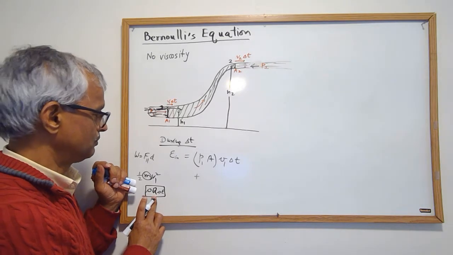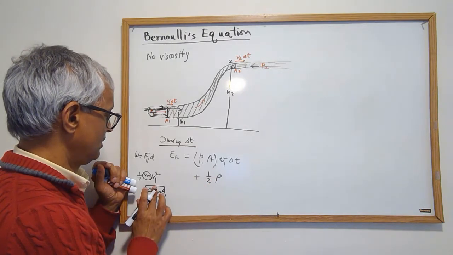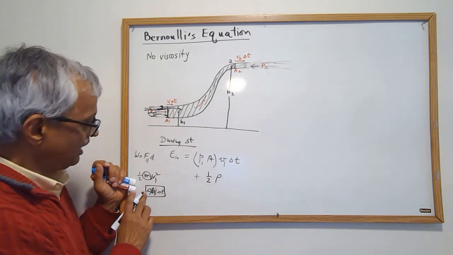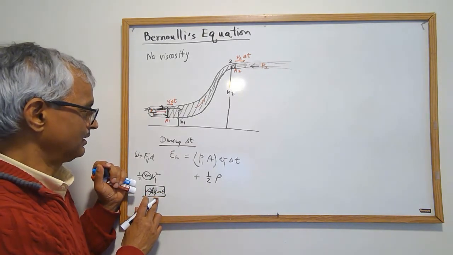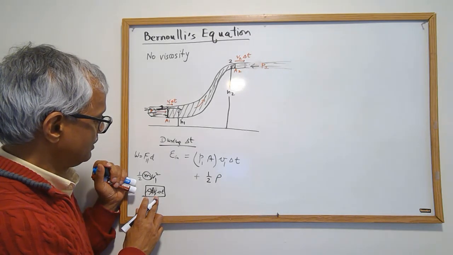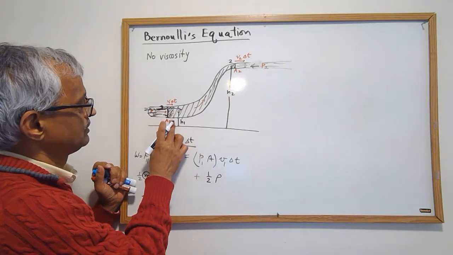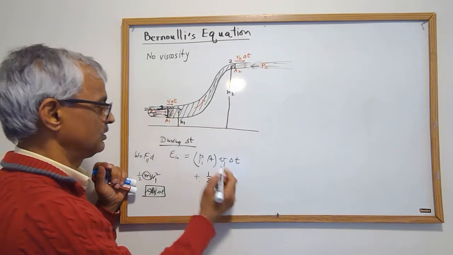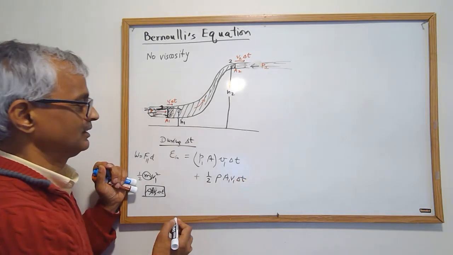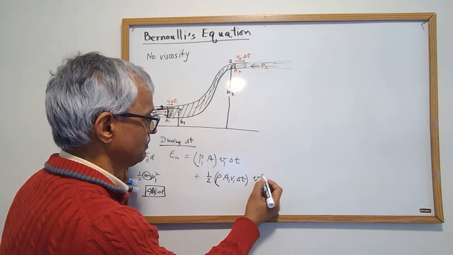So we will have half rho times A1 times V1 times delta T, that mass of fluid in this volume coming in, times V1 squared.